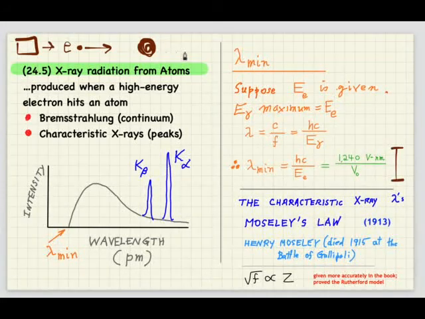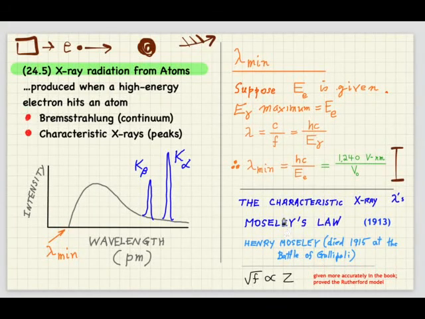He was doing these experiments and observing the wavelengths of the X-rays produced. After the collision, there'll be an outgoing X-ray, and he could measure those X-ray wavelengths and plot the intensity as a function of the wavelength. He found these peaks.